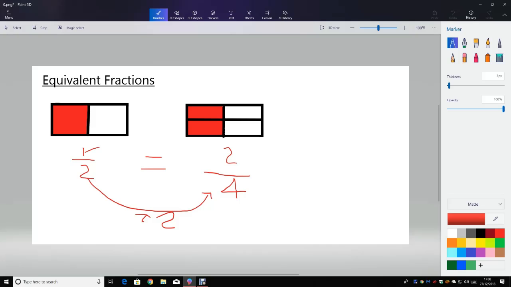Okay, so if we multiply 1 by 2, excuse my drawing here, if we multiply the 1 by 2 here, so you get 1 times 2 is 2, and we get 2 times 2 is 4. This is in fact very crucial because this actually is the principle for finding equivalent fractions, which is multiplying the top and the bottom by the same number.